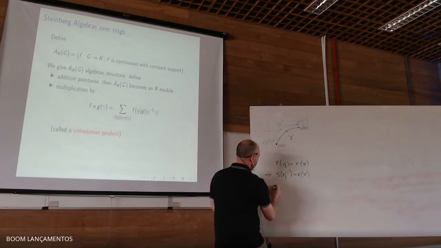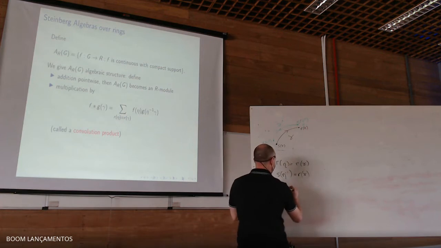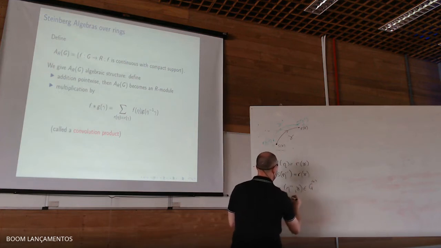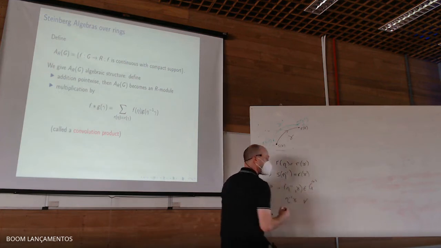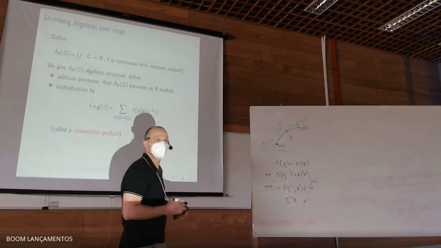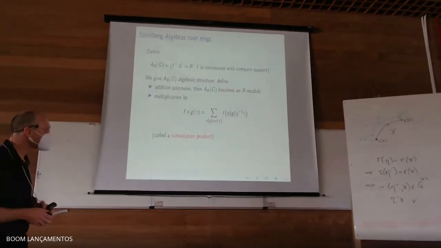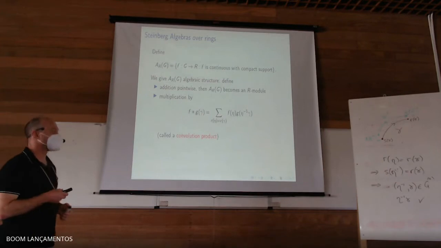And this implies in turn that the pair eta minus 1 and gamma is composable. So eta minus 1 gamma is perfectly fine. Right, so for example, those kinds of elements make sense. They are meaningful. So here's a little exercise that you can go and try.